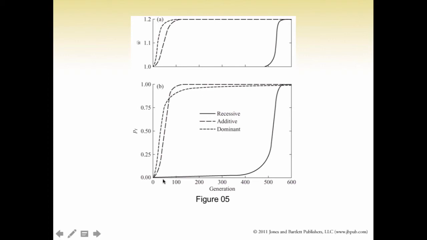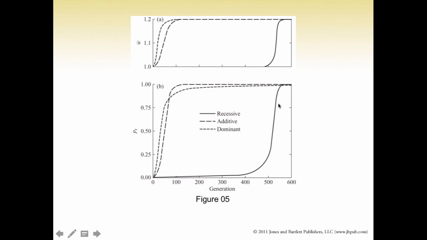Dominant alleles will generally increase in frequency quite rapidly, this dotted line here, but they rarely go completely to fixation because a recessive disadvantageous allele can lurk in the heterozygous state in a large population. Additive alleles go to fixation nearly as quickly, and unlike dominant alleles, they will go completely to fixation because there's still selection against the other allele in the heterozygous state. It can't hide as a recessive.